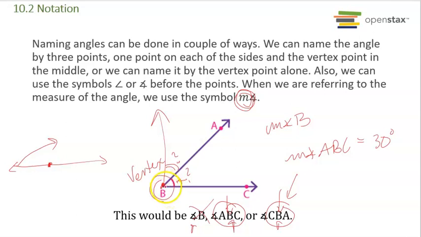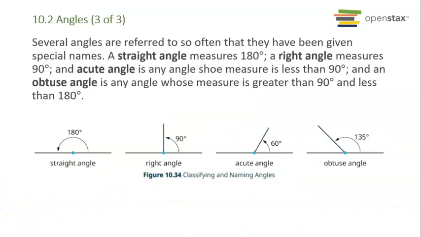So if I didn't squeeze that together to make a point and it just stayed looking like a line, or I took 2 rays and I put them together like this and it just made a line, that would have 180 degrees and that would be called a straight angle. So a straight angle and a line are essentially the same thing. The difference is, you see how it doesn't have those little arrows there? So that's why that would be a straight angle and not a line.